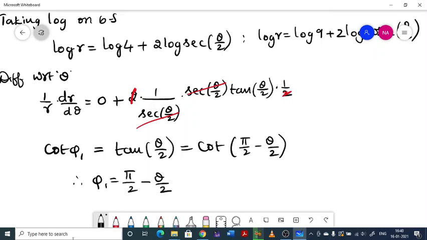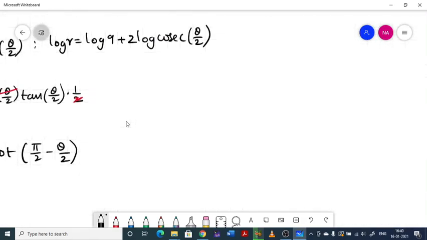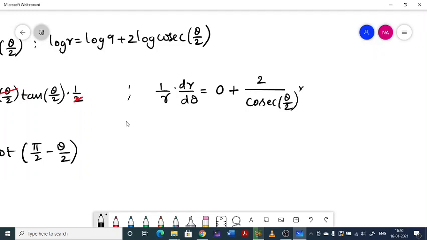Now similarly, let us come to this one. Log r, I will do that one here. So differentiating with respect to theta, 1 by r into dr by d theta equal to log 9, you get 0 on differentiation, 2 divided by cosecant of theta by 2 into minus cosecant of theta by 2 into cot of theta by 2 into 1 by 2. So 2 get cancelled here.